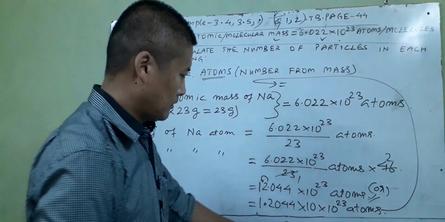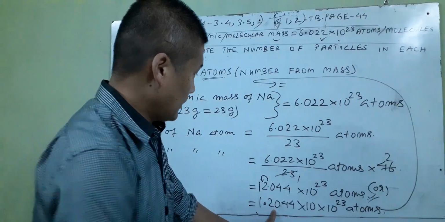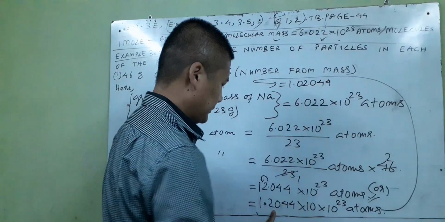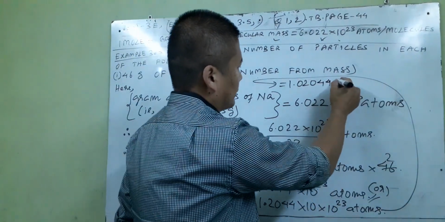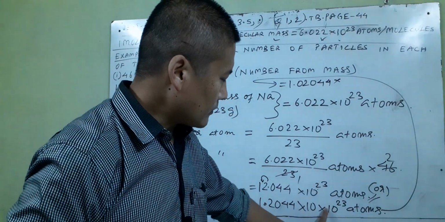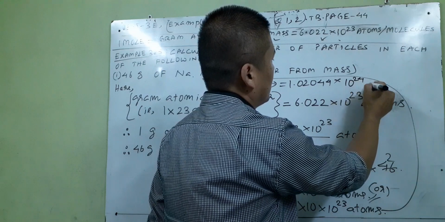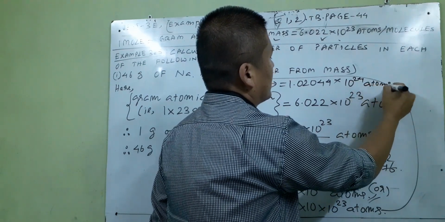That will be equal to, now, 1.2044, we want to write that, okay, into, then 1 power plus 23 power is 10 to the power 24 atoms. So this can be your answer.